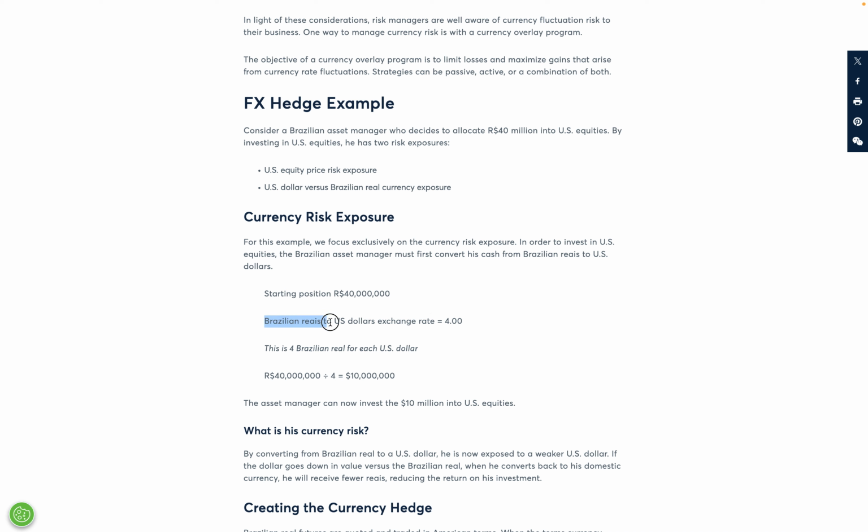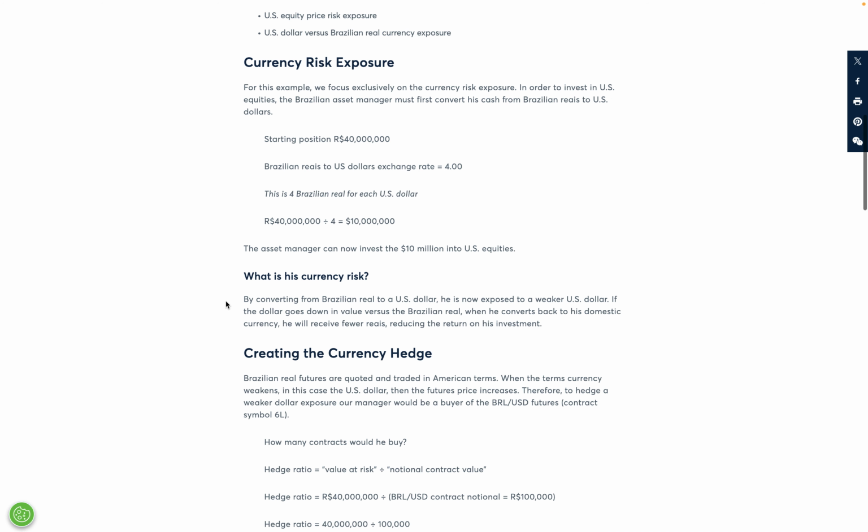The Brazilian reais to US dollar conversion exchange rate is 4. So that means 4 Brazilian reals for $1. So you divide by 4, you get $10 million. So the asset manager can now invest $10 million in US equities.